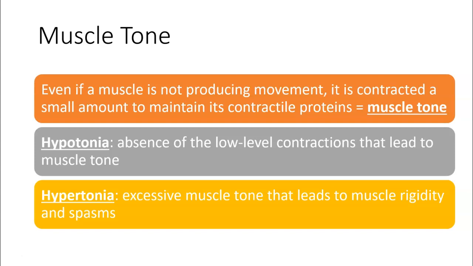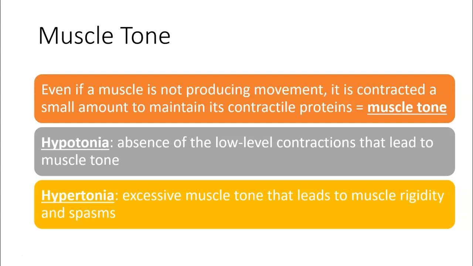So it's kind of like a tag team that allows this continuous muscle tone to occur. In the absence of low-level contractions that lead to muscle tone, we have a situation called hypotonia or atrophy, and it can result from damage to parts of the central nervous system, like the cerebellum, or from loss of nerve activity to skeletal muscle.